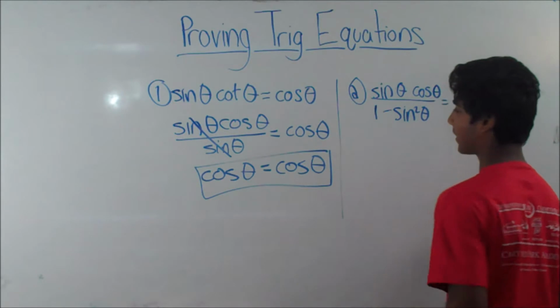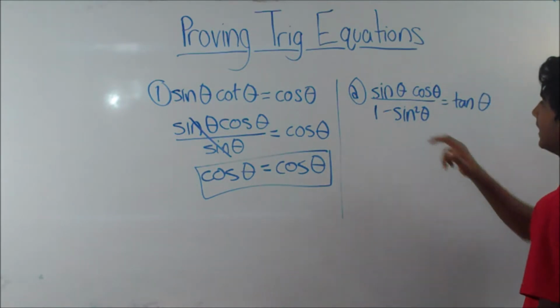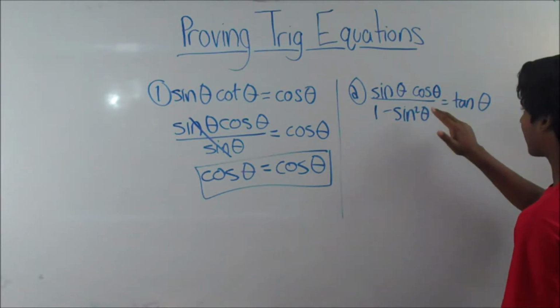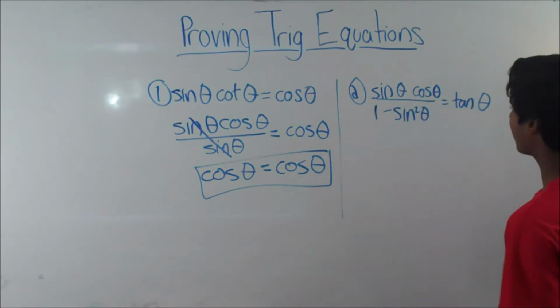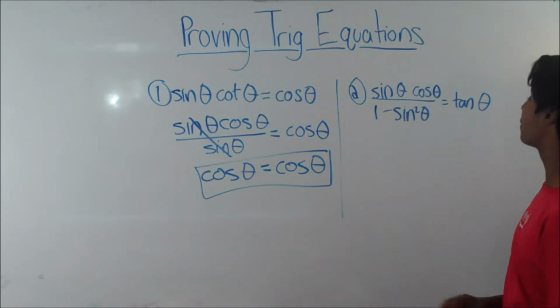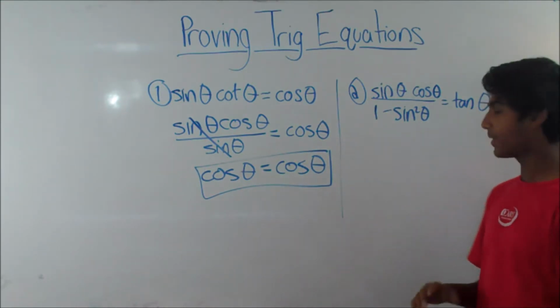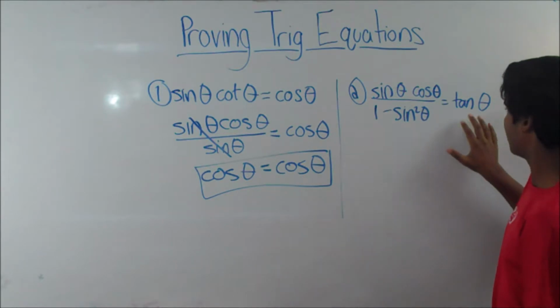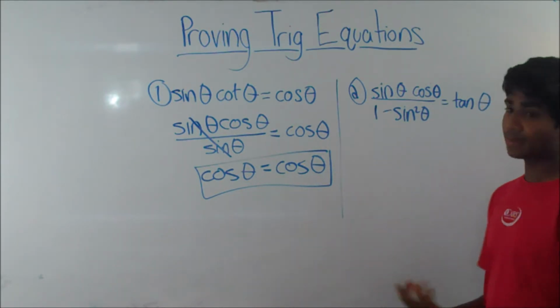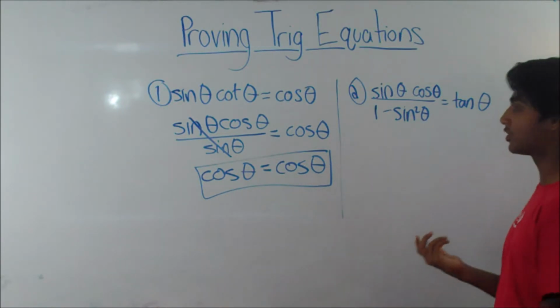So let's move on to the next problem. We have sine of theta times cosine theta over 1 minus sine squared theta. Now, you could use this and go from there. But you have to look at the least complicated side. Sometimes they're both complicated, sometimes you have to just choose one.